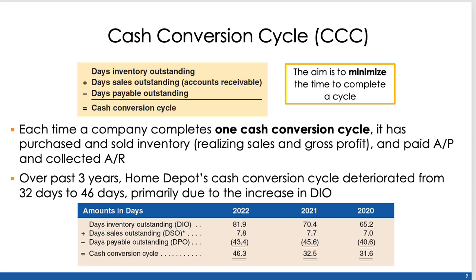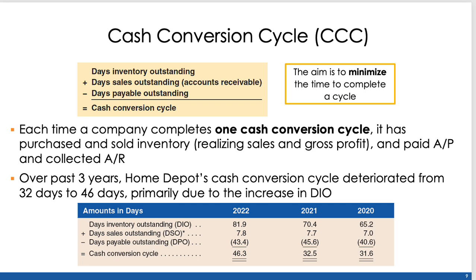Now, every time a company completes one full cash conversion cycle, it has purchased inventory, sold inventory, realized the sales and gross profit, and then paid the accounts payable, and collected the accounts receivable. And so over the past 3 years, you can see here what has been going on with Home Depot. In 2020, 2021, and 2022, you can see there the cash conversion cycle has actually been getting longer, from 31.6 days to 32.5 days to 46.3.